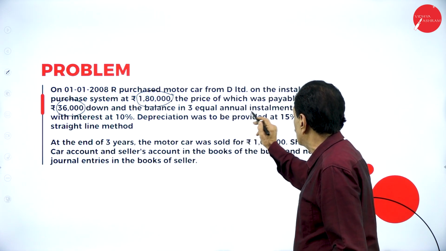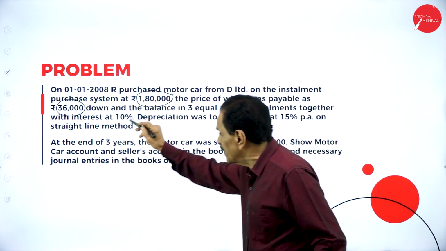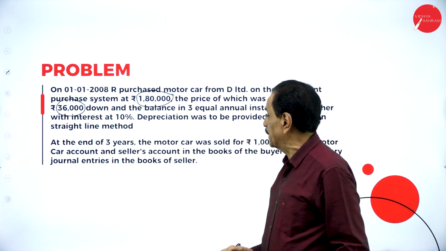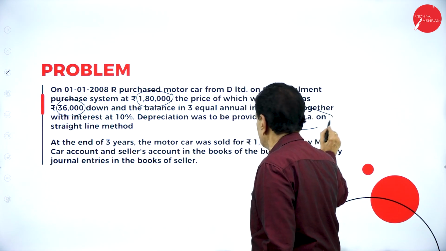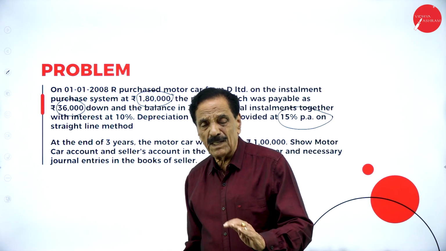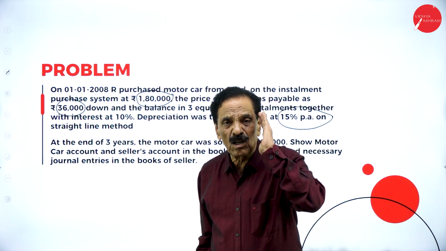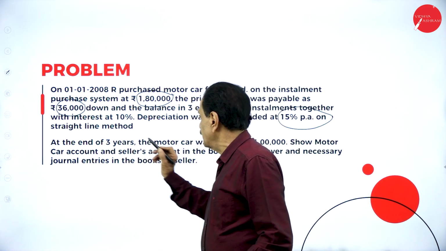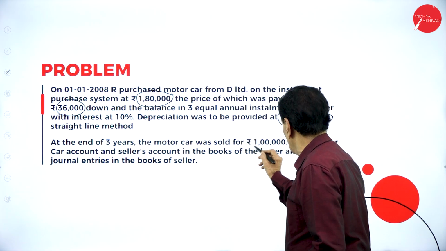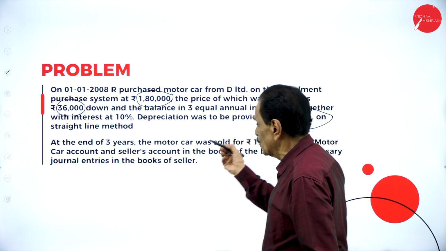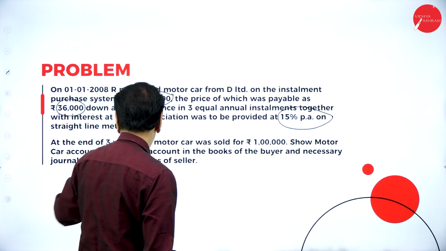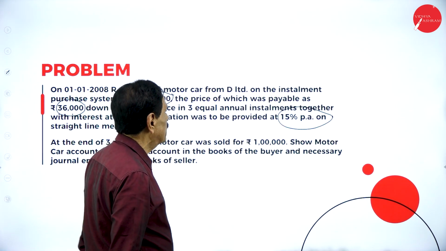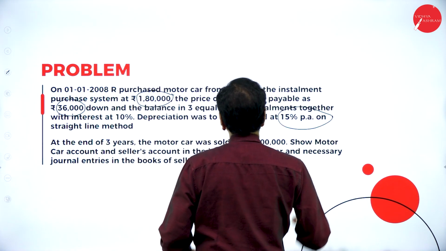The balance in 3 equal annual installments together with interest at 10%. Depreciation was to be provided at 15% per annum on the straight line method, meaning depreciation remains constant. At the end of the third year, the motor car was sold for rupees 1 lakh. Show the motor car account and seller's account in the books of the buyer and the necessary journal entry in the books of the seller.